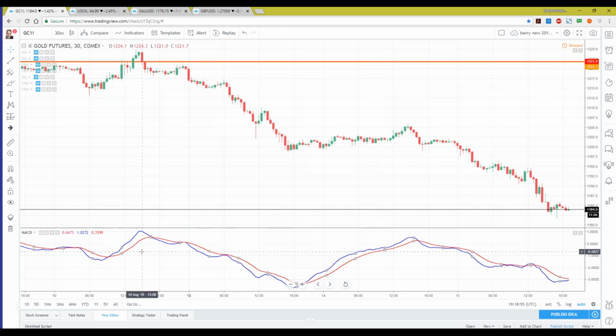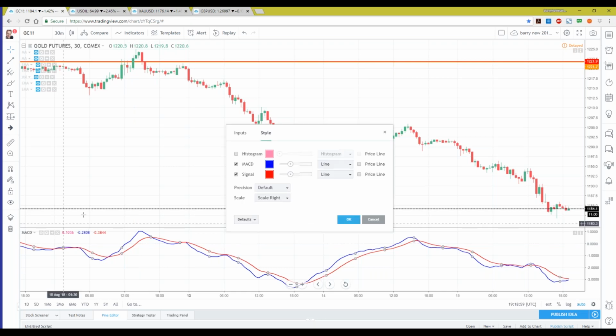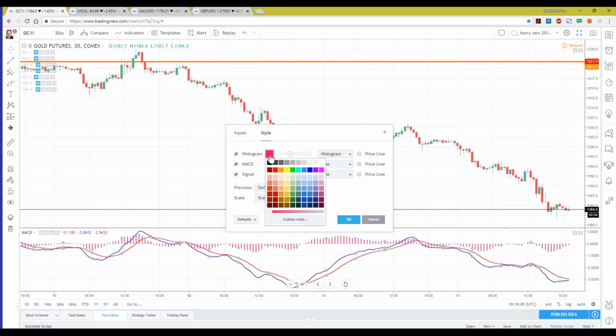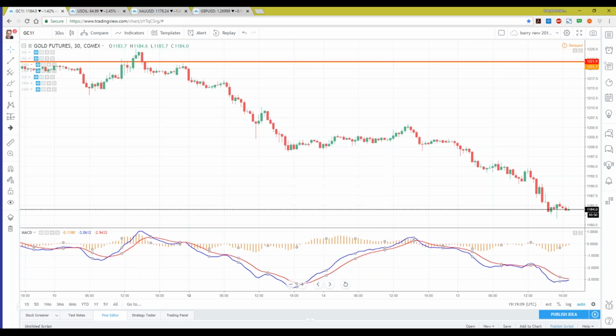But we're going to go one step farther. We're going to add on to our MACD chart what's called a histogram. Let's make this in bright gold for you. Now these can be any colors you want, just so you know what the colors stand for.